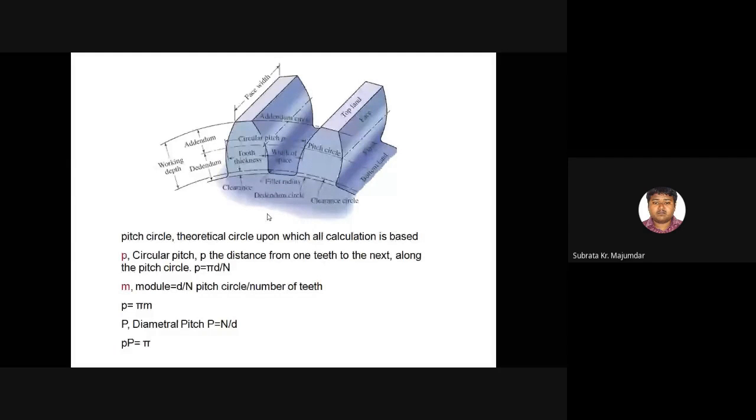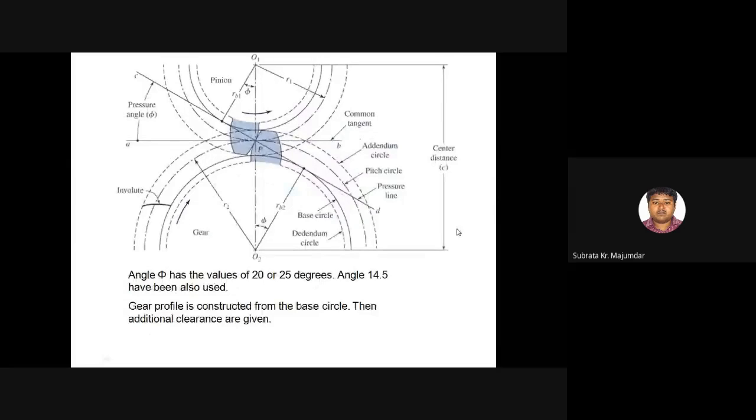Now we come to the addendum circle. According to the diagram, this one is known as the addendum circle and this one is known as the dedendum circle. What is the addendum circle?